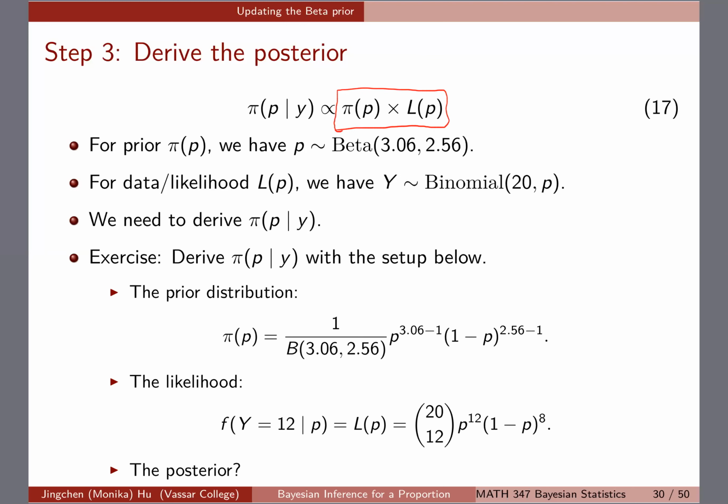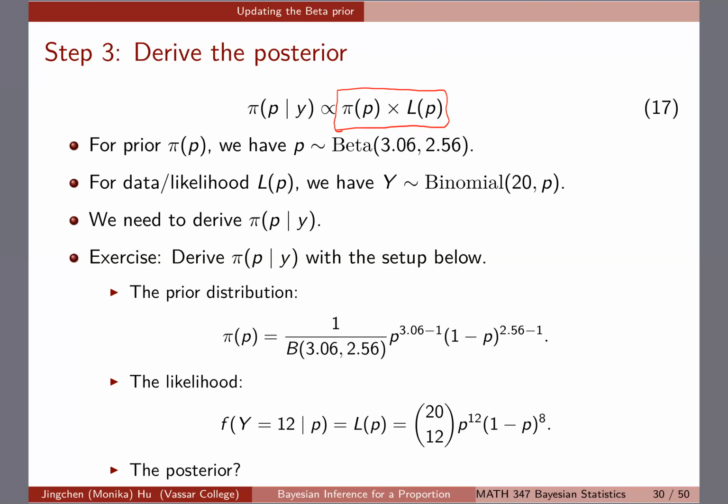Try to work that out. You might not see the final answer directly, but at least see what's special about the prior distribution and the likelihood. They're both in the same form, and recognizing that can help us come to the last point of how to get the posterior.